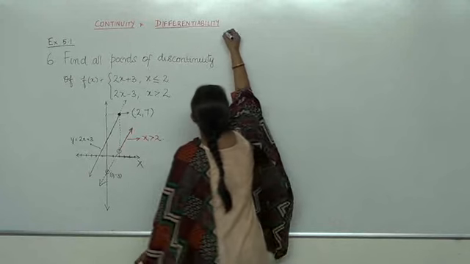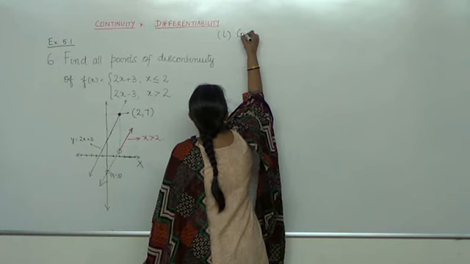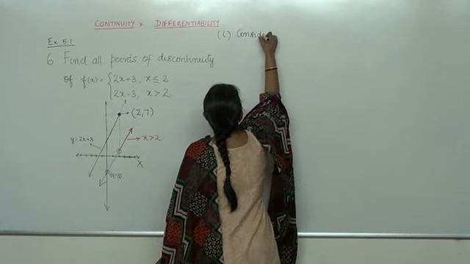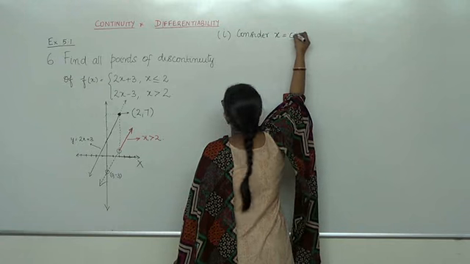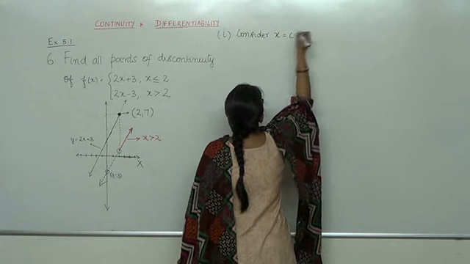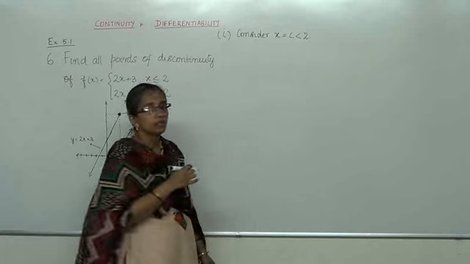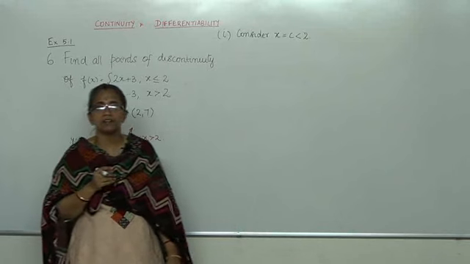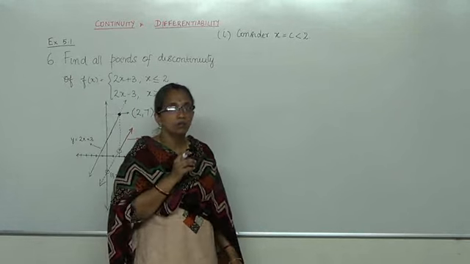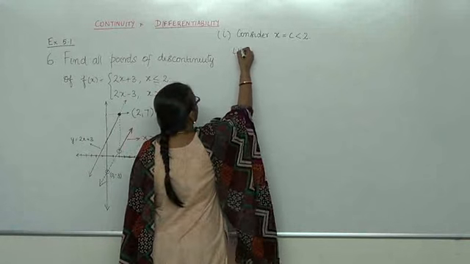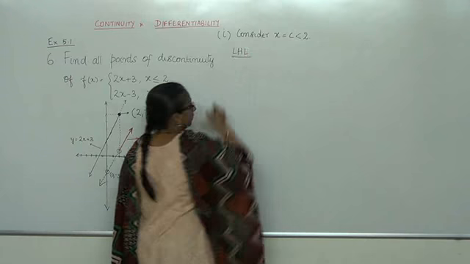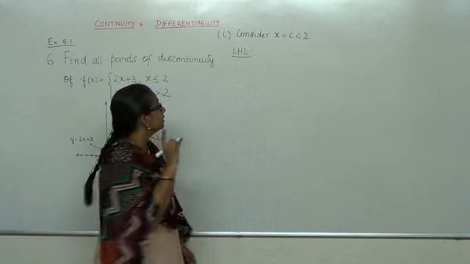Okay, so the first part, as I told you, consider x is equal to c, where this c is less than 2. Say for example, you can consider a value like x is equal to 1.5. Now let us find out what will be the left hand limit of this function.